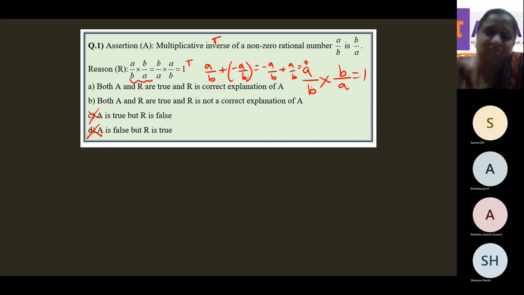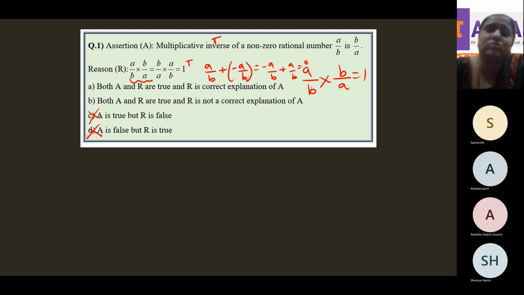I'm saying, supposing this was given. Assertion statement is the same, what you see on the screen. But for reason, instead of what is given, if this was given: A by B plus minus A by B is equal to minus A by B plus A by B is equal to 0. What is explained there? The additive inverse is explained there.